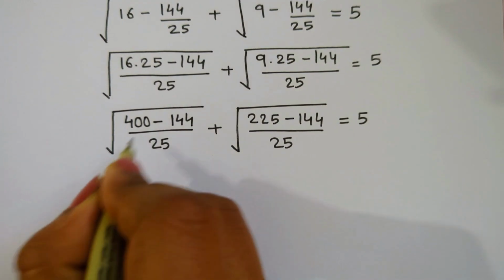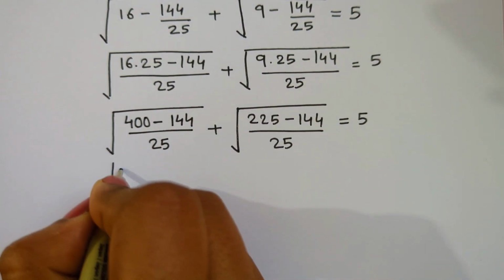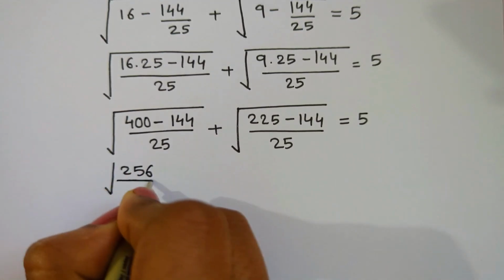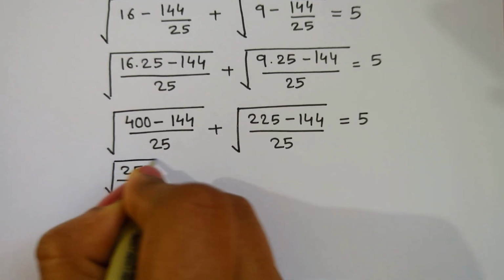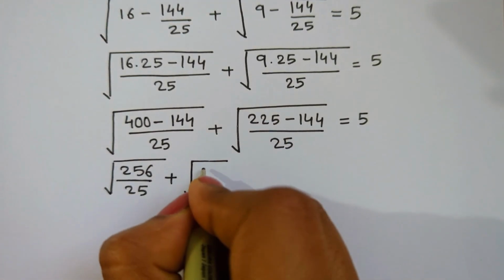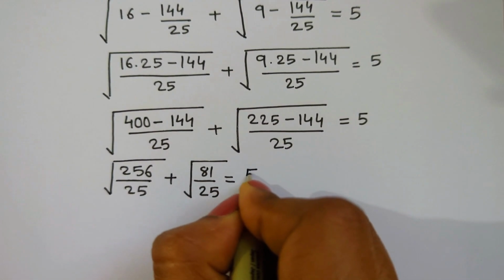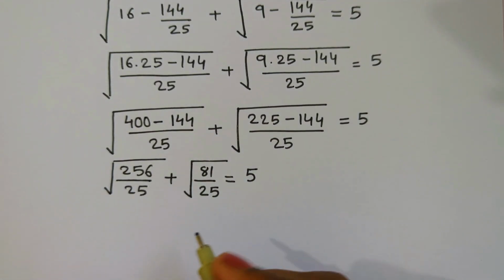Okay, so 400 minus 144 would be 256 divided by 25, plus square root of 225 minus 144 is 81 divided by 25, which is equal to 5.